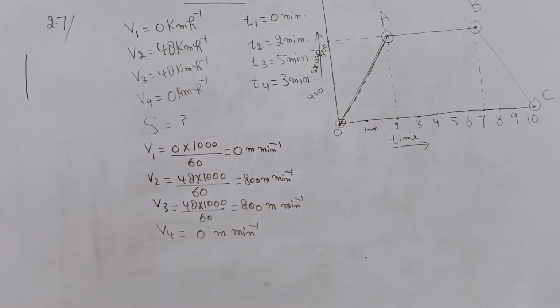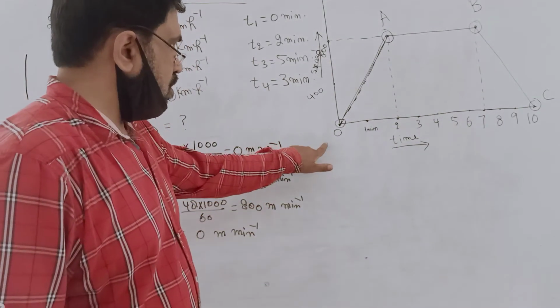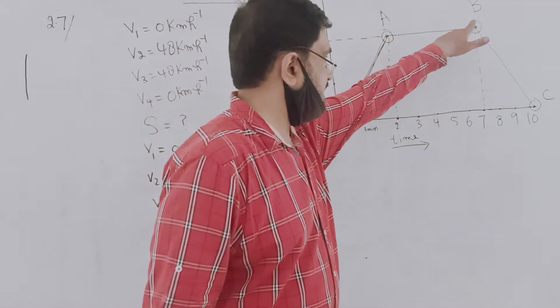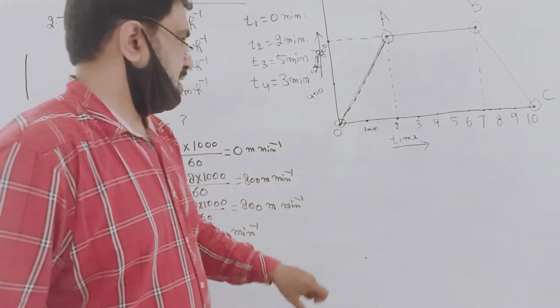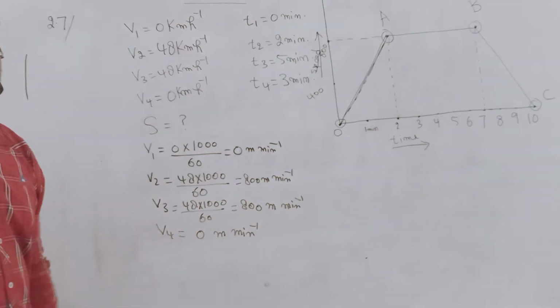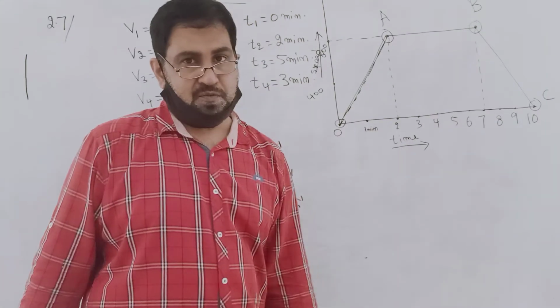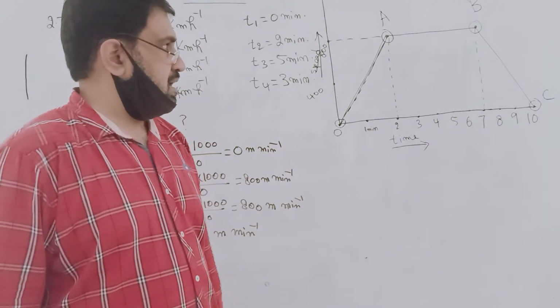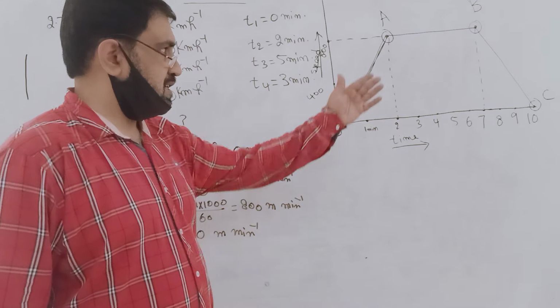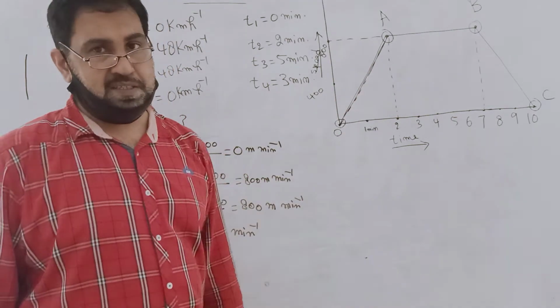We have the shape of trapezium O, A, B, C. That is our trapezium. Now we find the distance under this surface area, and this surface area is a trapezium.